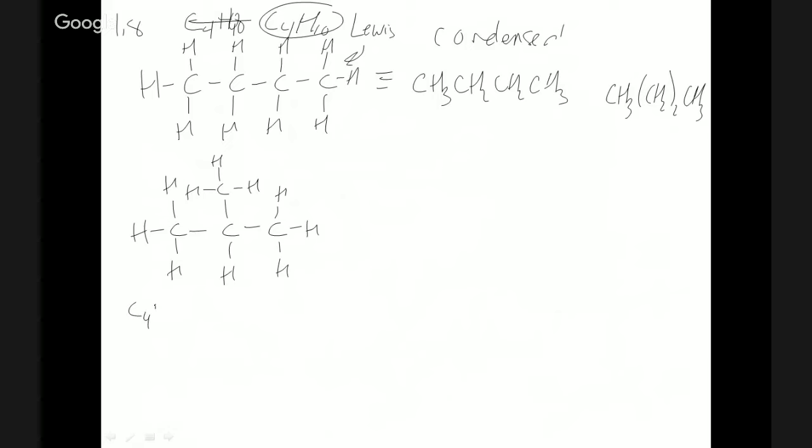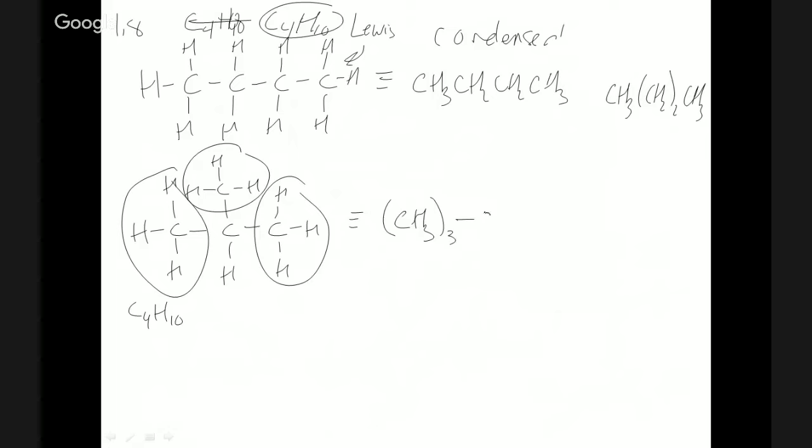This is also C4H10. These two are constitutional isomers of one another. We can draw a condensed structure that looks like this. You have 3 CH3s, 1, 2, and 3, around a central carbon. You can just put a C there, actually, and an H. So there's some formulas that are implicit there.